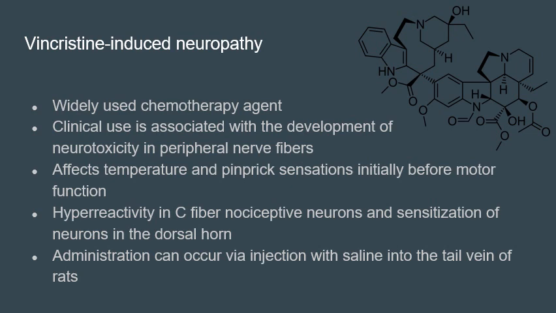Although it is unable to cross the blood-brain barrier, it causes microtubule disorganization and endoneurial swelling in the periphery, which initially affects temperature and pinprick sensations, followed by axon and motor function loss. This produces hyperresponsive activity in C-fiber nociceptive neurons and sensitizes dorsal horn neurons. It is given with saline in rat models to prevent vessel deterioration.